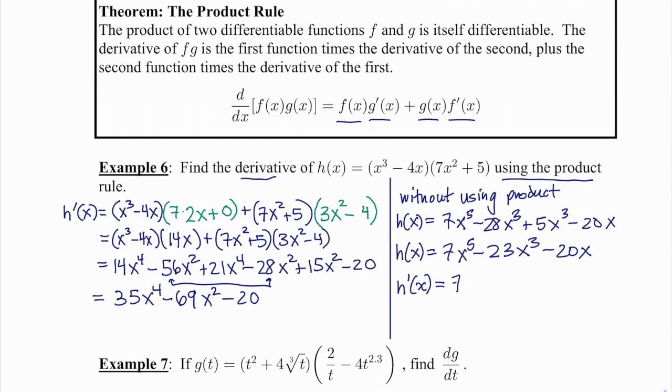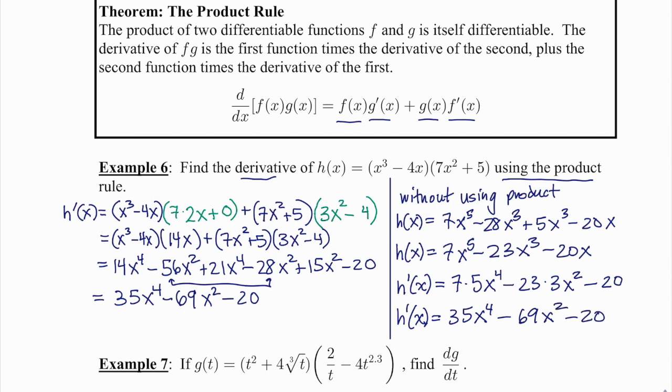So we would have 7 times the derivative of x to the fifth, which is 5x to the fourth, minus 23 times the derivative of x cubed, which is 3x squared, minus the derivative of 20x, which is just 20. So h prime of x, taking this route, we get 35x to the fourth minus 69x squared minus 20.